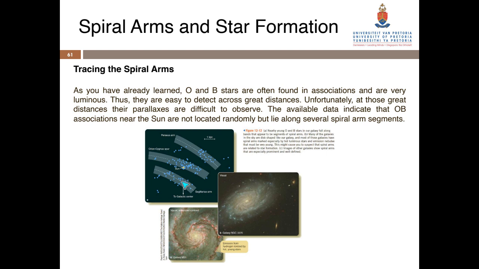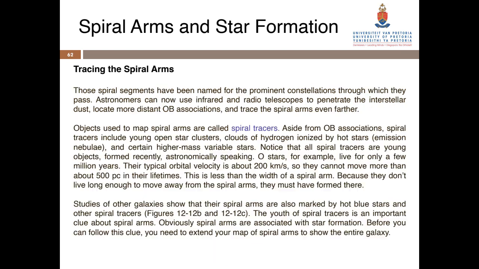Then in image C, we can see images of other galaxies with spiral arms that are especially prominent and well defined. One thing that we will learn in this chapter is that not all galaxies have spiral arms, but spiral arms are also one of the characteristics that makes galaxies unique.